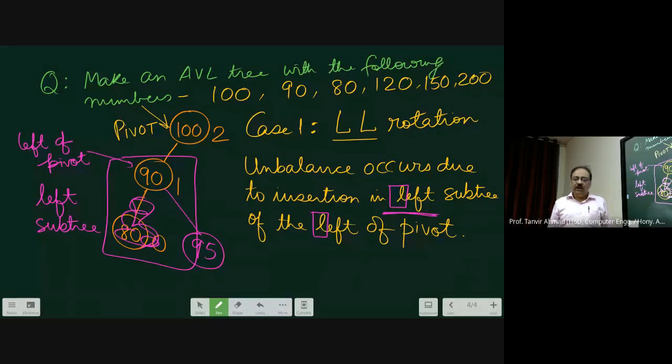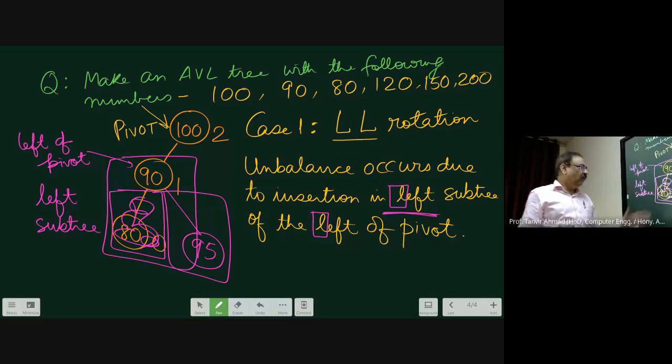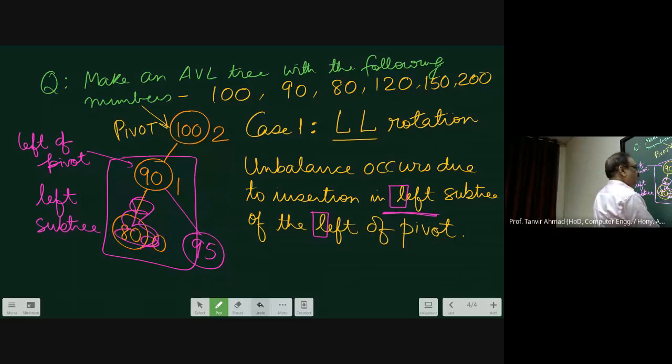The left of pivot is 90, that is fine, but insertion is not being done in the left subtree, but in the right subtree. Previously this was the left subtree.